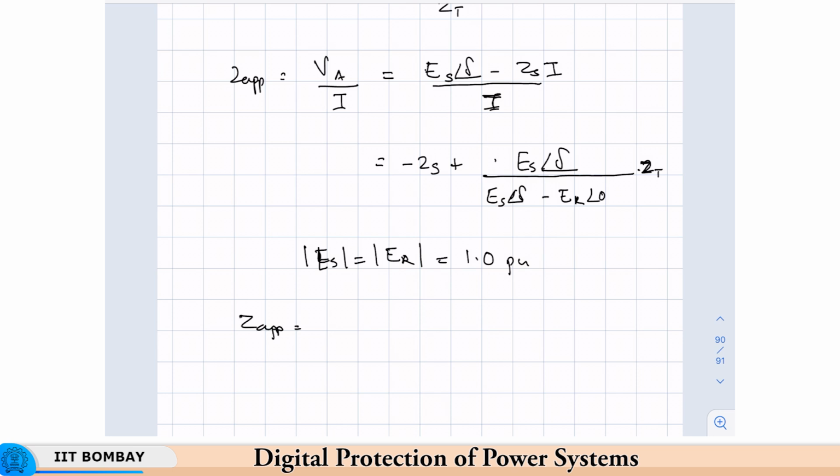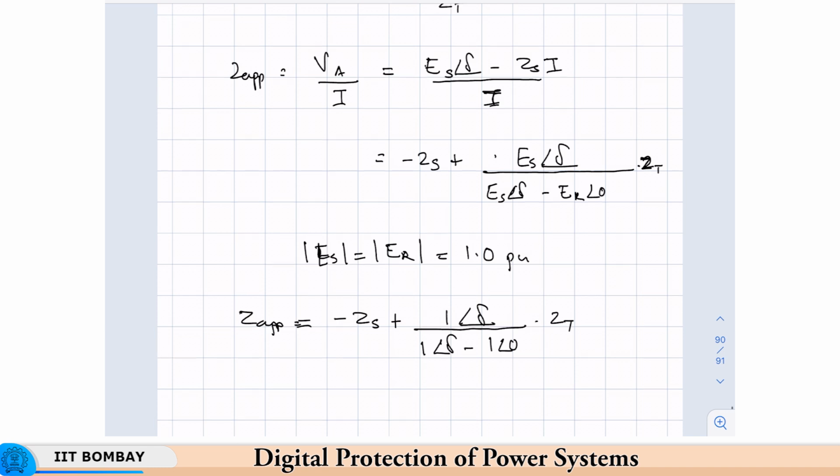Z_AP is V_A by I. I will use Z_AP, the apparent impedance seen by the relay, which is minus Z_S plus 1 angle delta upon 1 angle delta minus 1 angle 0, into Z_T. Okay.